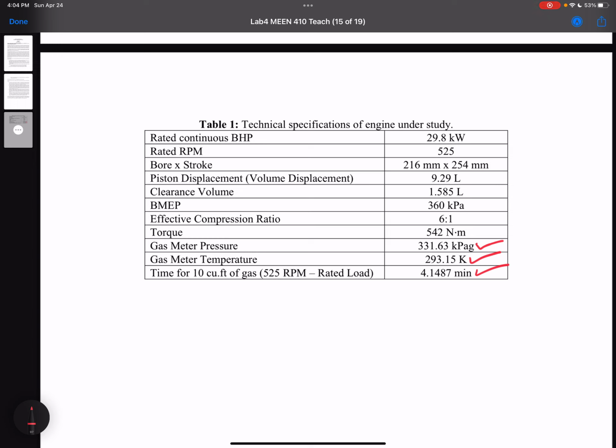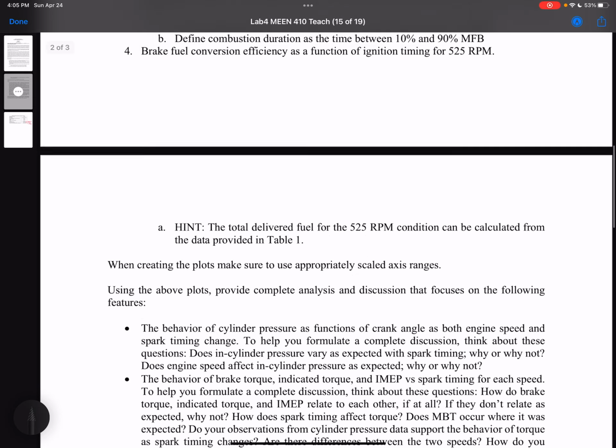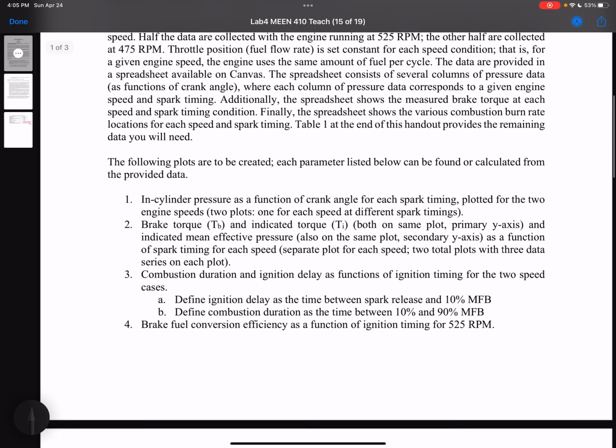And so you'll use these three pieces of information to determine the mass flow rate of the fuel, which you'll then be able to use to determine the mass of fuel per cycle. And that's going to help you determine your brake fuel conversion efficiency, which is one of the pieces of analysis that you need to do in the lab.